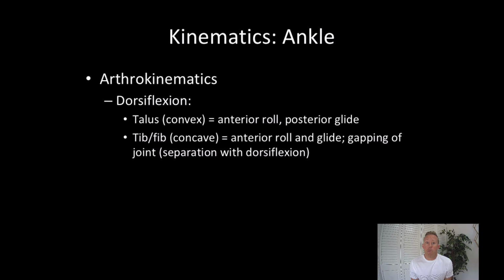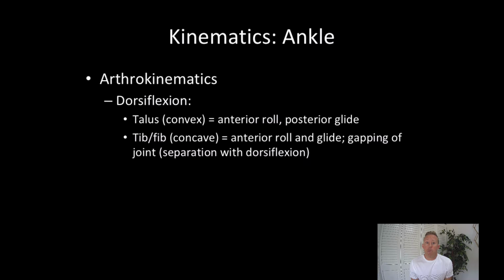Now on the flip side, if you were doing a squat, imagine you're going down, the eccentric portion, your ankle is moving into dorsiflexion, but now your foot is fixed on the ground. So in that case, the talus is pretty much fixed, and the tibia and fibula are moving over, so they're the part moving on top of the talus.